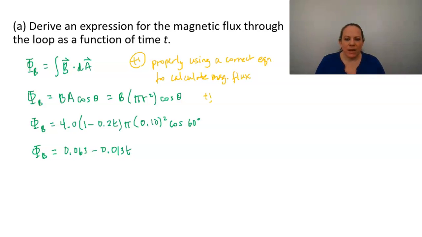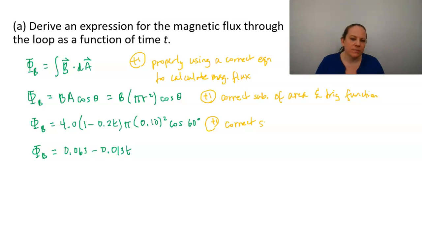Our second point is for correct substitution of area and trig function. And then our third point is for correct substitution into the above equation.